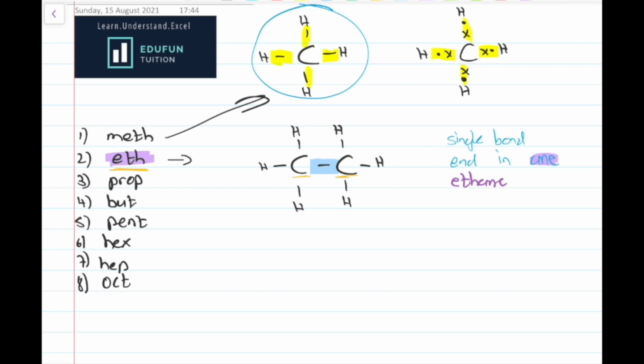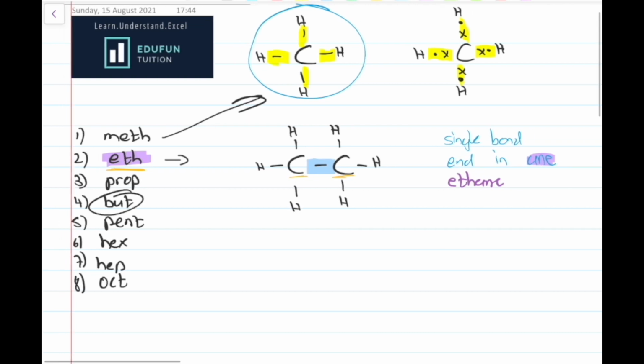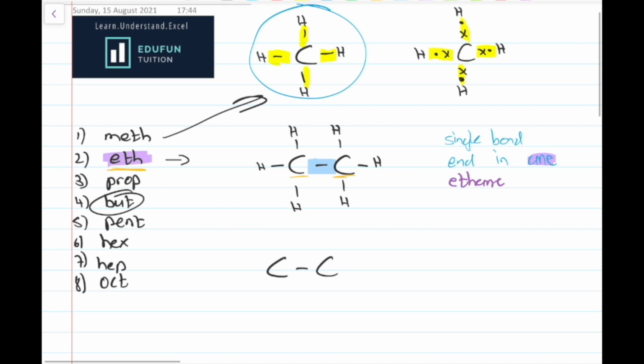Now let's take this a step further. Let's say we had 4 carbons attached to each other. It would be 1, 2, 3, 4. You need to make sure that you have 4 available bonds on each carbon. And then there's the hydrogens, there's the hydrogens, there's the hydrogens, and so onwards. There we go.